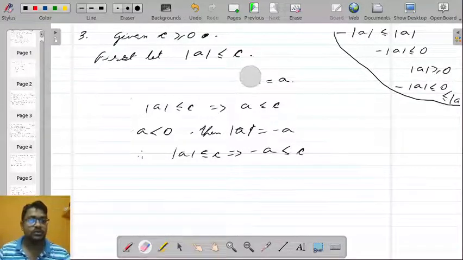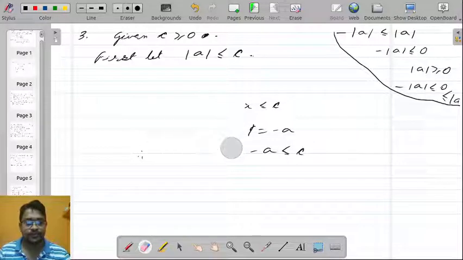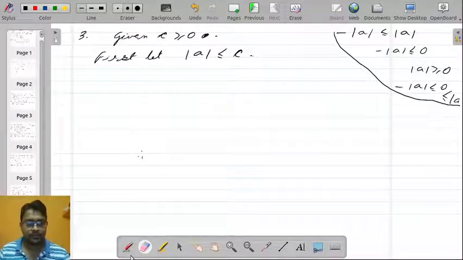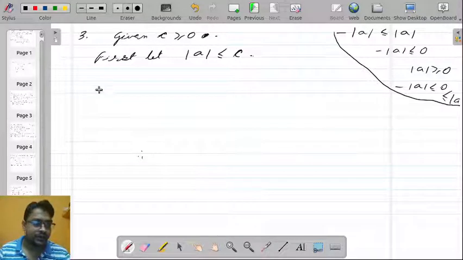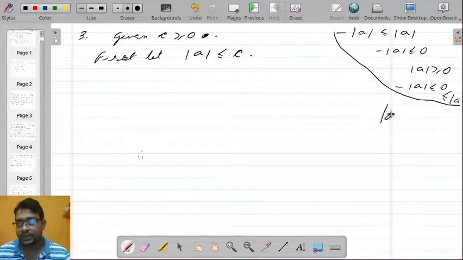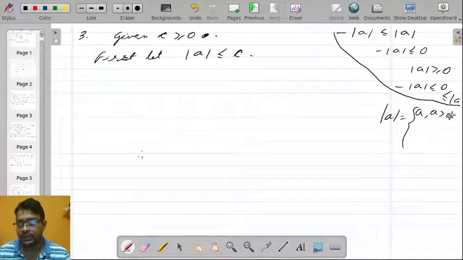So first let mod A be less than or equal to C. Okay, so we see another equivalent thing about mod A. See, mod A is actually equal to A if A is greater than 0, 0 if A is equal to 0, minus A if A is less than 0.